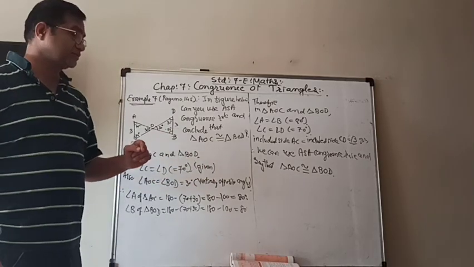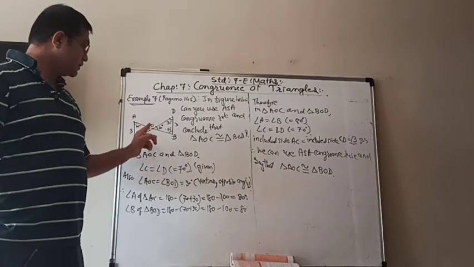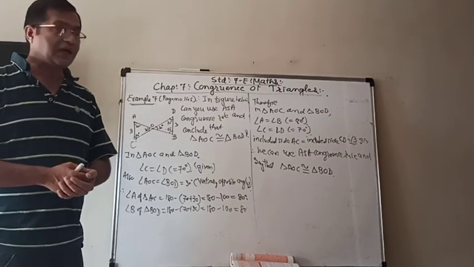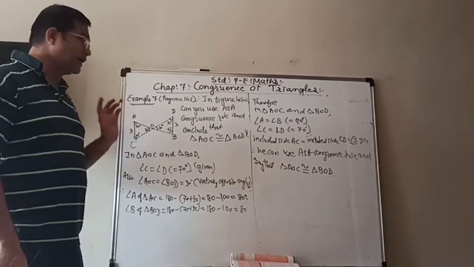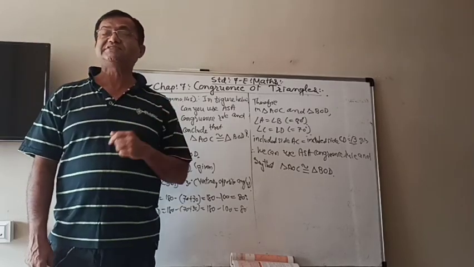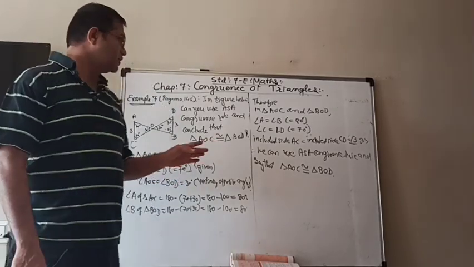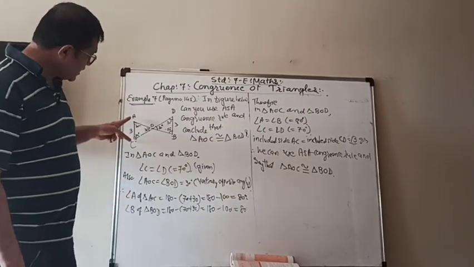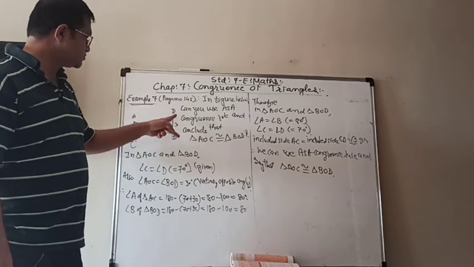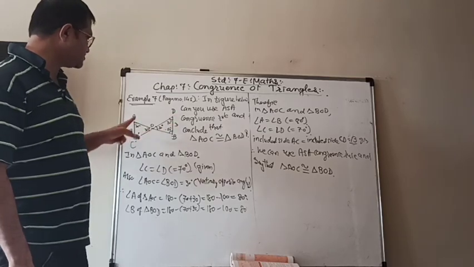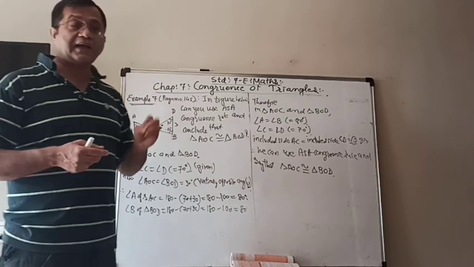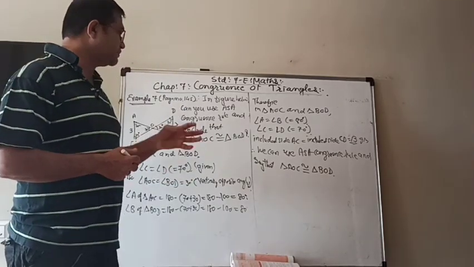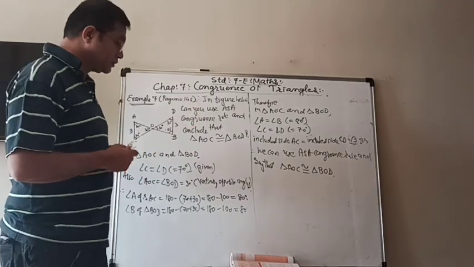But you see that by using the vertically opposite angles concept and also by using the angle sum property, we find out the other angle, and at last the two angles and the included side of both triangles, we proved that they are equal, and in this way we find it.